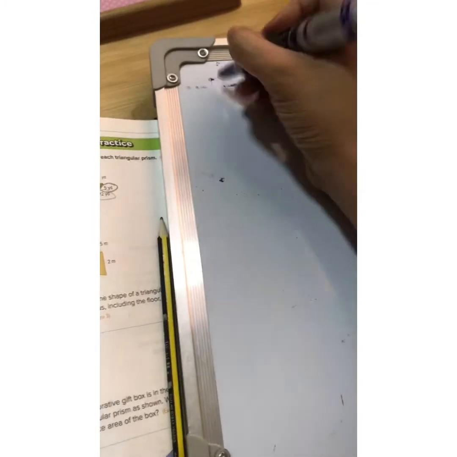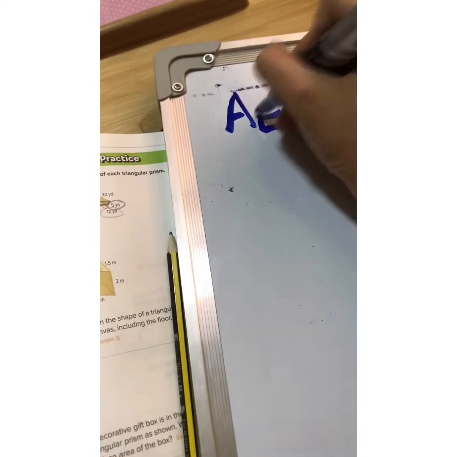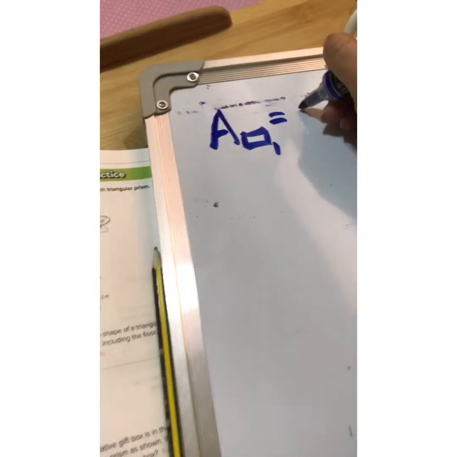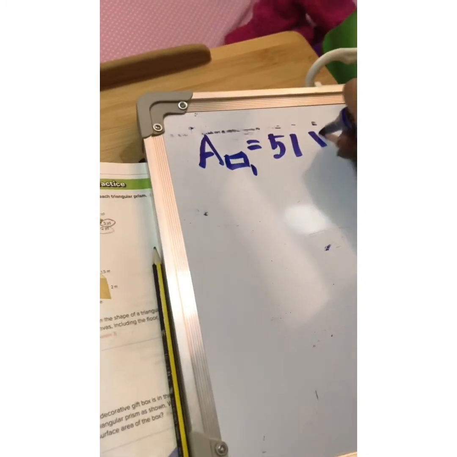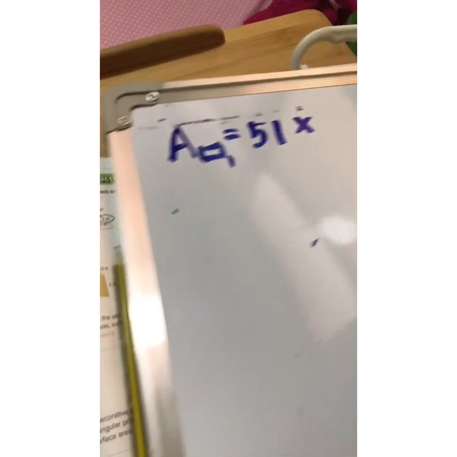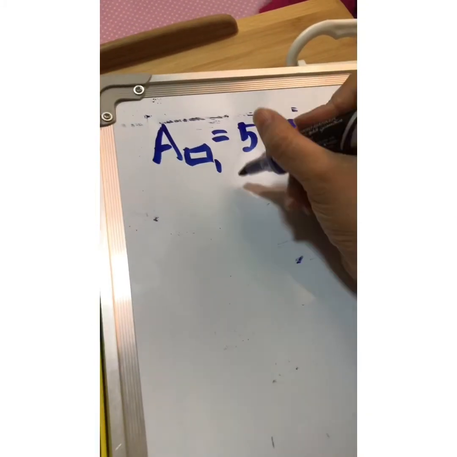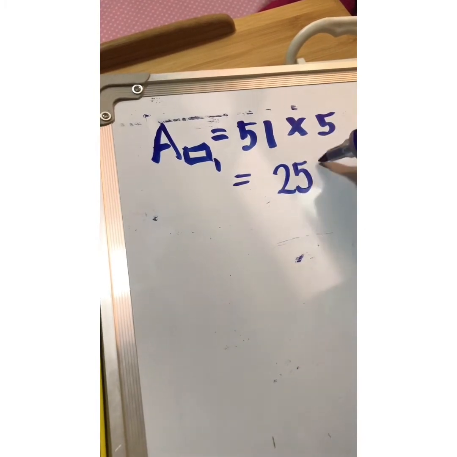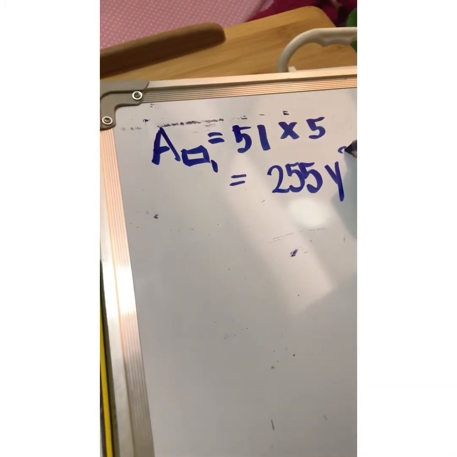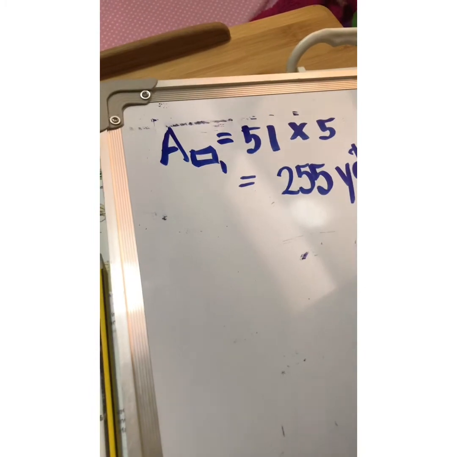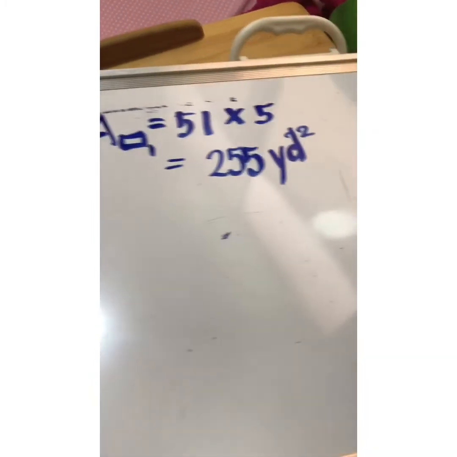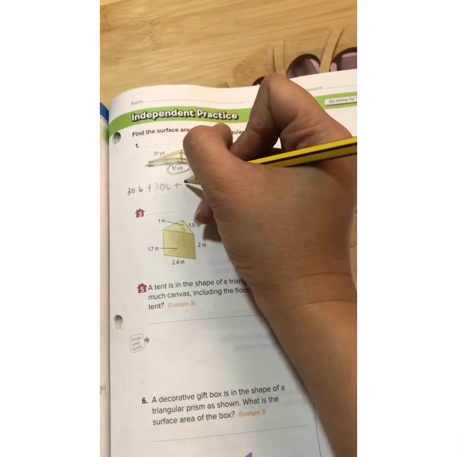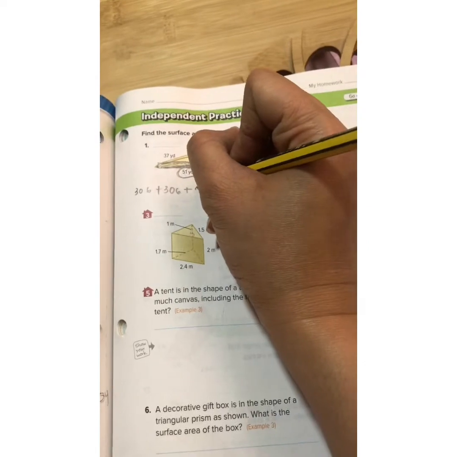So area of rectangle 1 is 51 multiplied by 5. So what will be the answer? 255 yards square. Alright? That's for our area of rectangle 1.